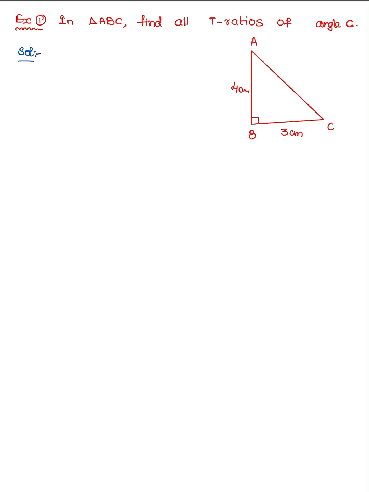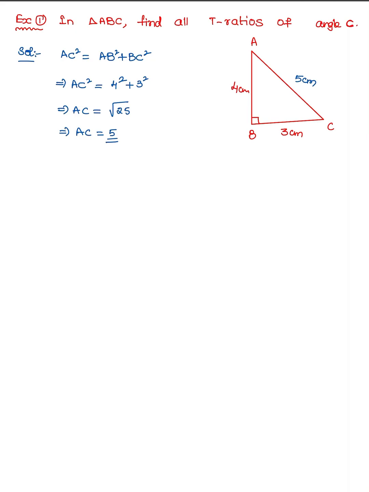In this triangle, AC square is equal to AB square plus BC square, so AC square is equal to 4 square plus 3 square. So AC is equal to root of 25, that gives AC is equal to 5 centimeter, that means 5 units. So first we need to find AC length by using Pythagoras theorem.